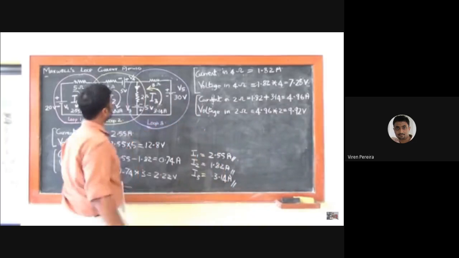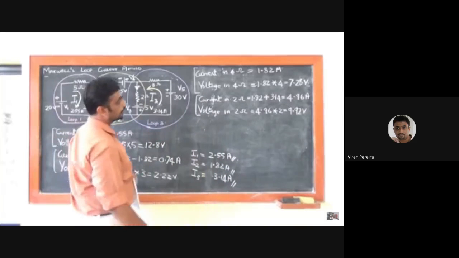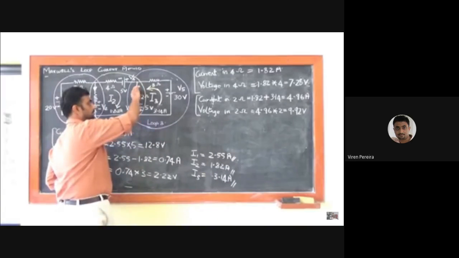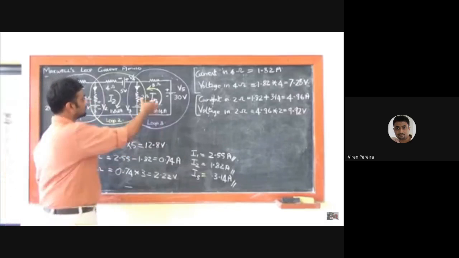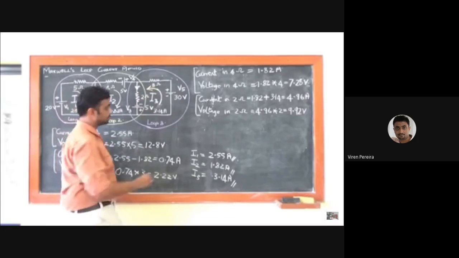So 4.96 into 2 will give me 9.92 volts. The voltage across this resistor will be 9.92 volts. Now which resistor is remaining? Your 8 ohms resistor.